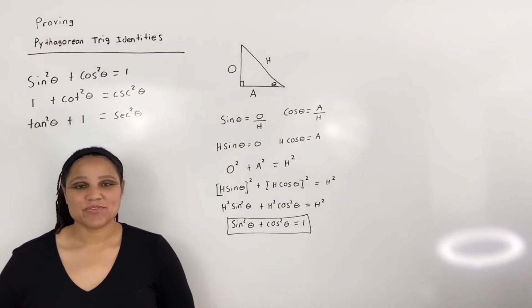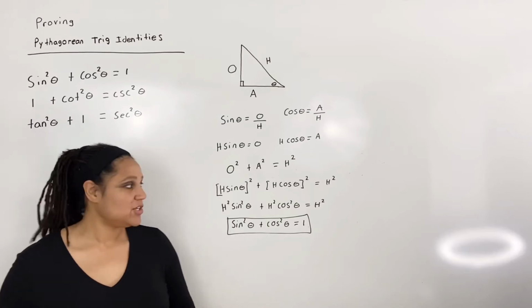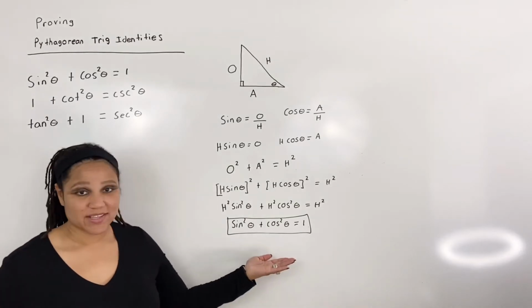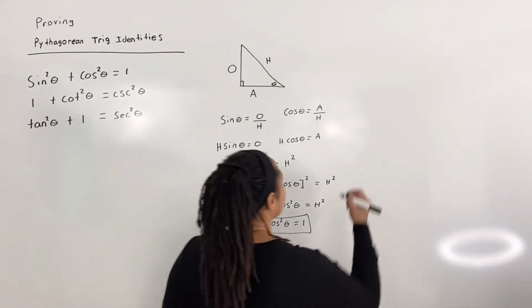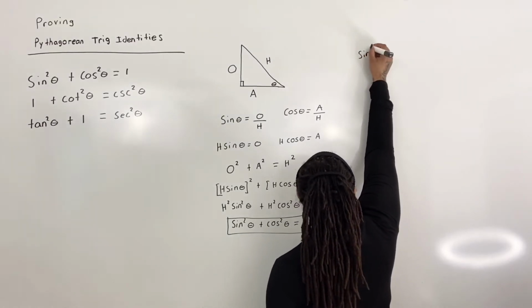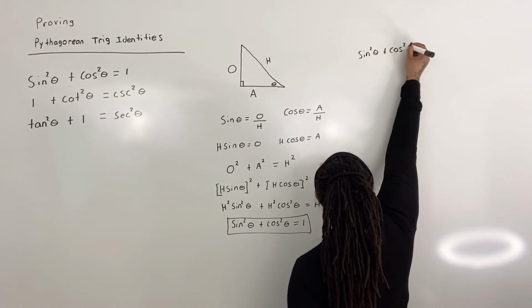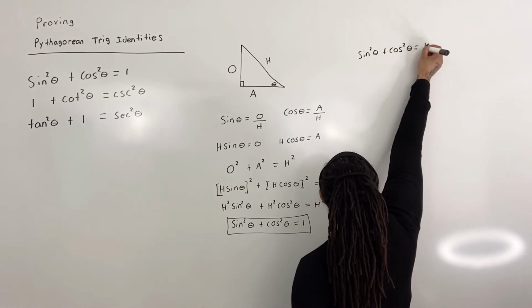Now let us prove the second identity. We will prove the second identity using the first one. So I'm going to come here and I'm going to say sine squared theta plus cosine squared theta is equal to 1.